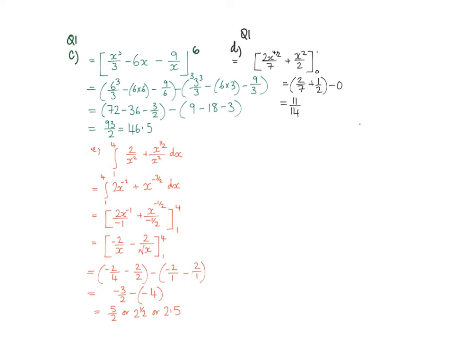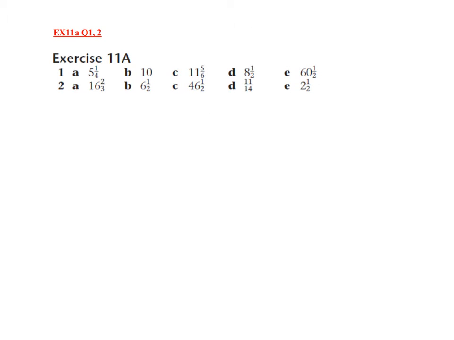Substitute your limits in. And then you can see the solutions for the ones at the end there, C, D and E. If you just want to check them numerically, that's what they look like, each question. It's left as a mixed number.